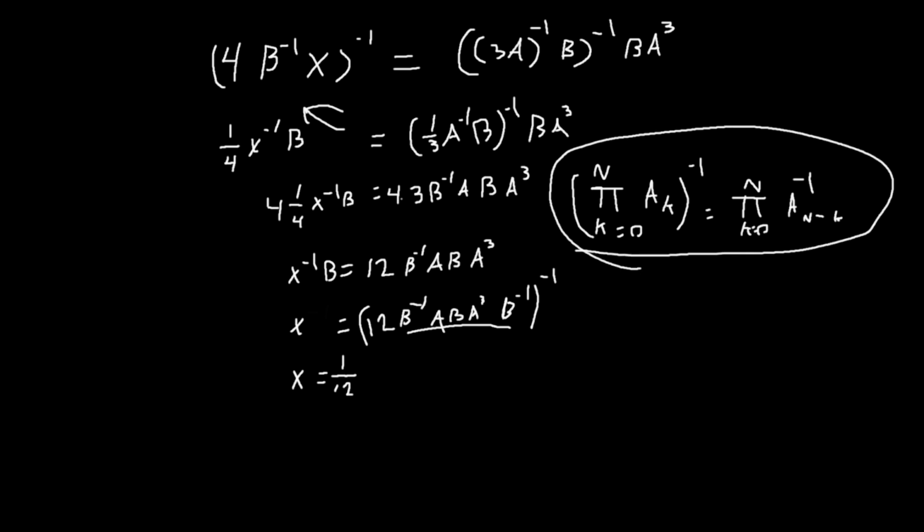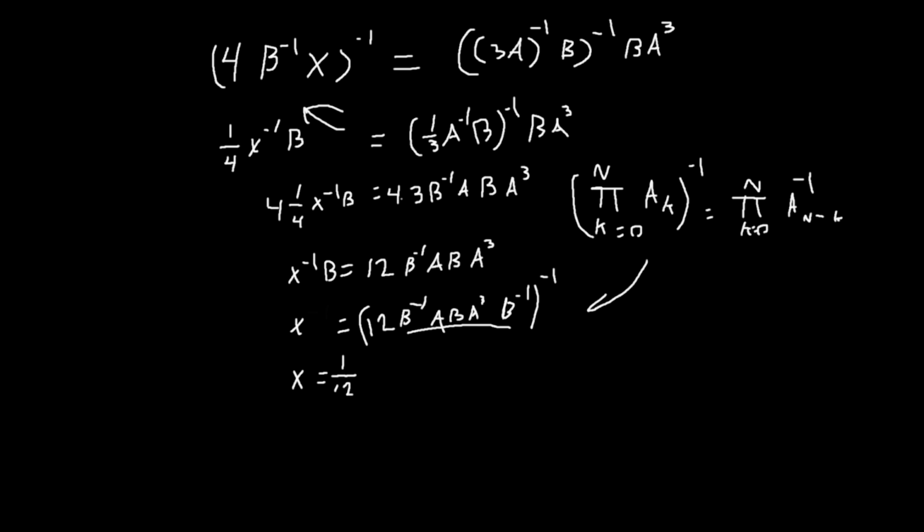Using this here, we see this b comes in front, we take its inverse, so we get b, then we get a to the minus 3, which is just a inverse times a inverse times a inverse.